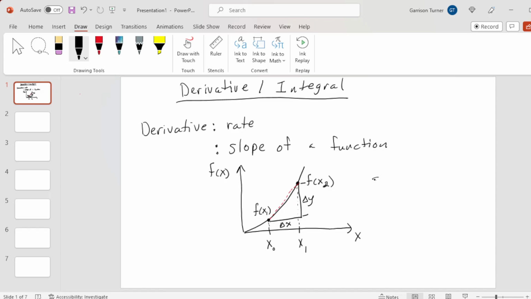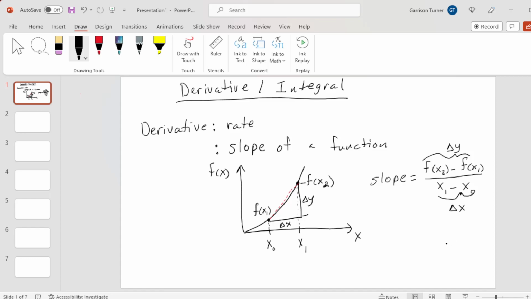Okay, but to start, we say the slope of a function is the rise over the run. Well, the rise is the difference between my function values, and the run is the difference between my x values. Okay? So this represents delta y, and this represents delta x.